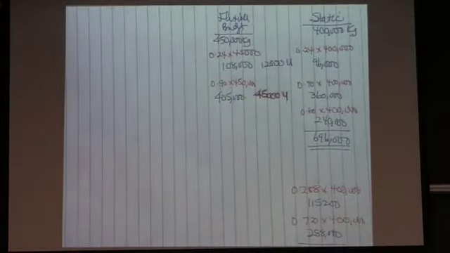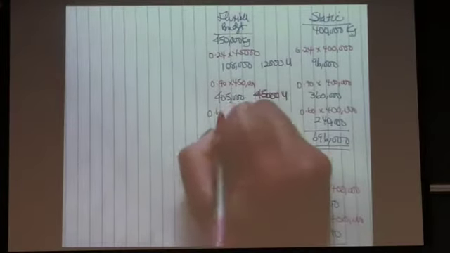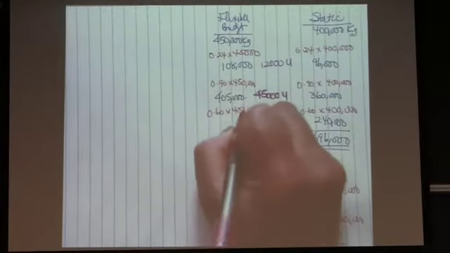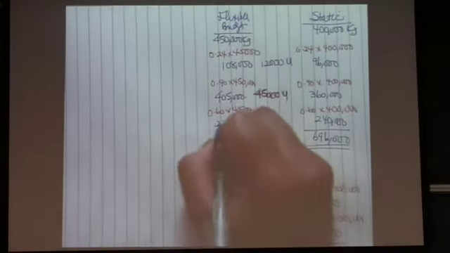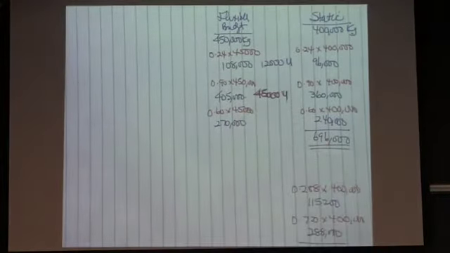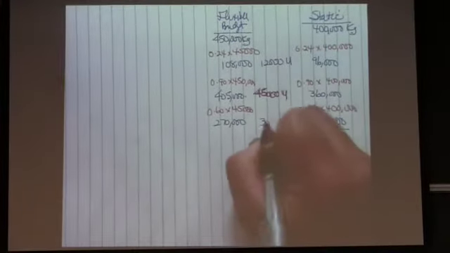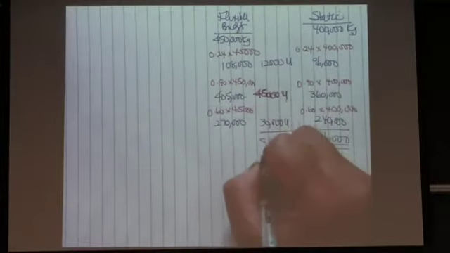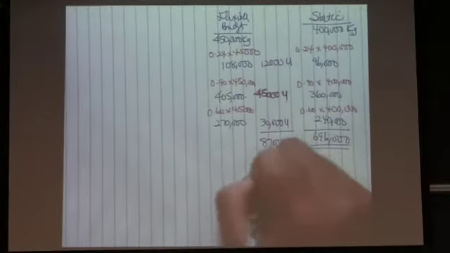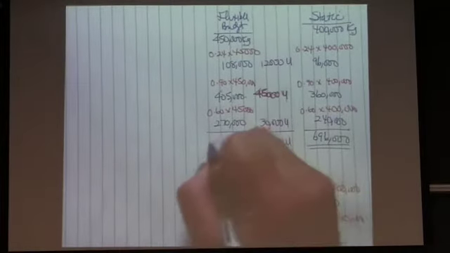Now, next, I'm going to take 0.6 times 450. And this gives me a variance of 30,000 unfavorable. So altogether, it's an 87,000 unfavorable. And this is 783.